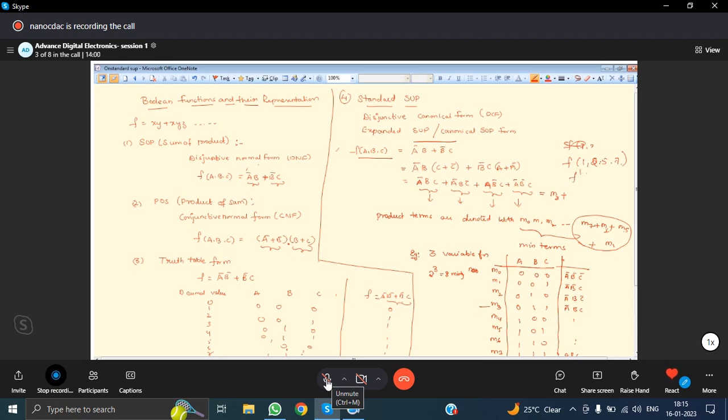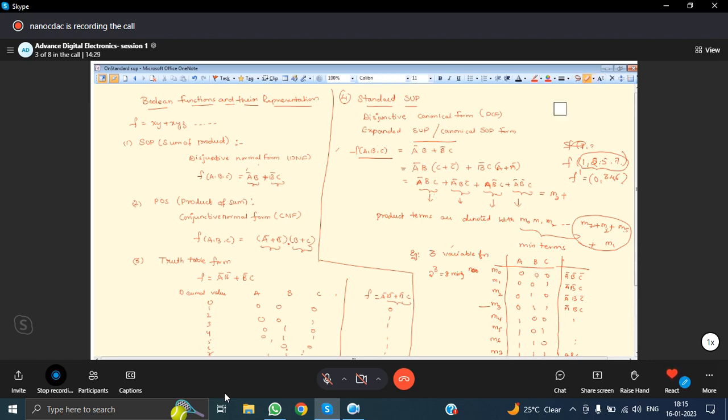So your F complement will be equal to what? The ones which are not present here will be your F complement. It will be 0, 3, 6, anything else missed? 4. So 0, 3, 4, 6 will be your F complement. So this is standard SOP form.